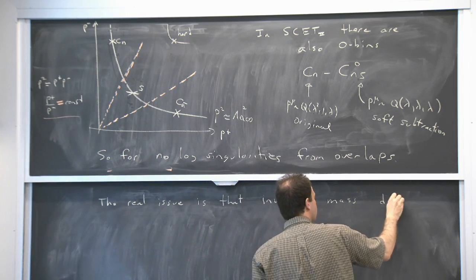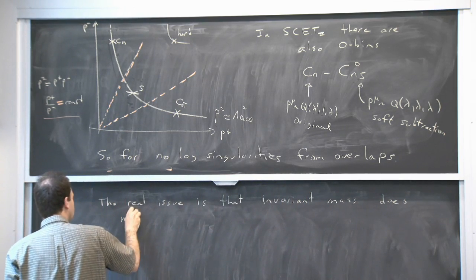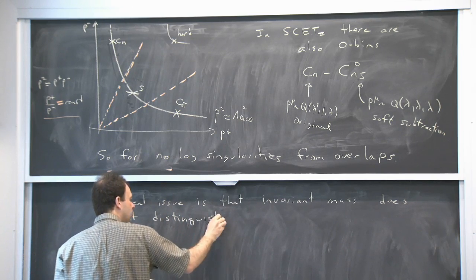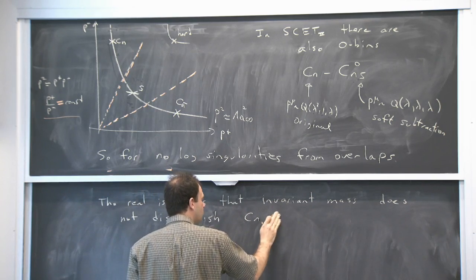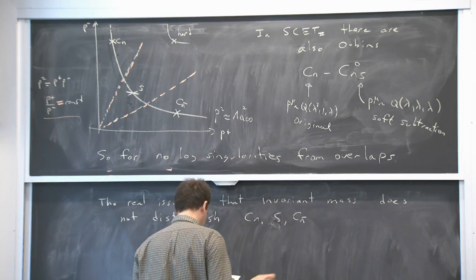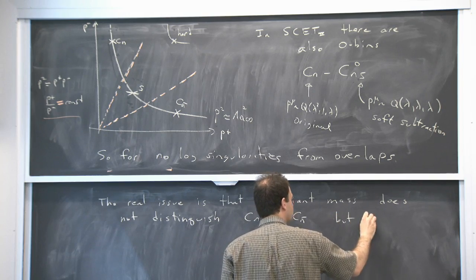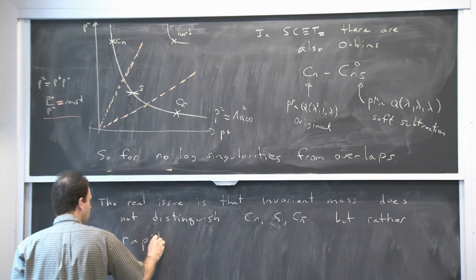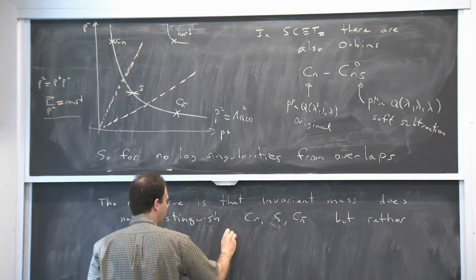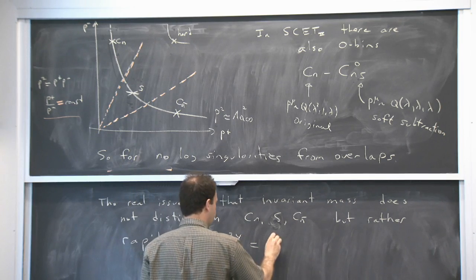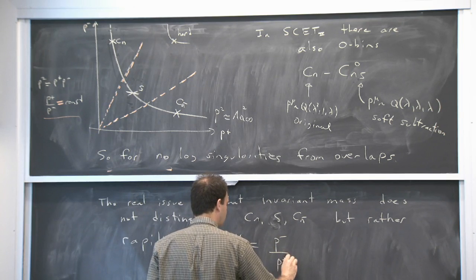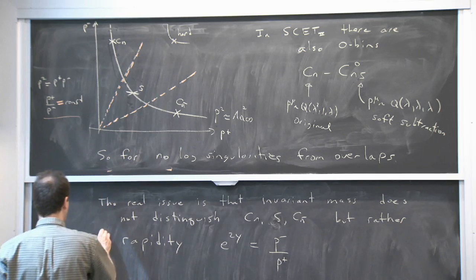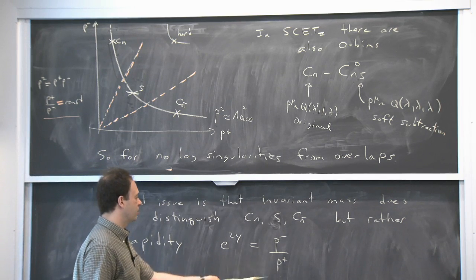Invariant mass does not distinguish the low energy modes. Rapidity is usually defined this way: e to the 2y, where y is the rapidity, is p minus over p plus.